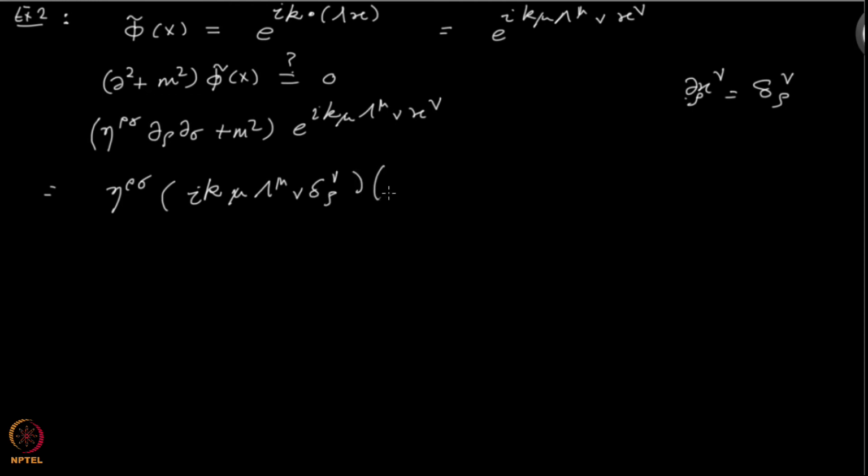And the second piece will give you I k, now I should use a different index, mu prime and nu prime, otherwise it will be a mistake. So I get again I k mu prime lambda mu prime nu prime delta nu prime sigma, plus of course m square phi tilde.